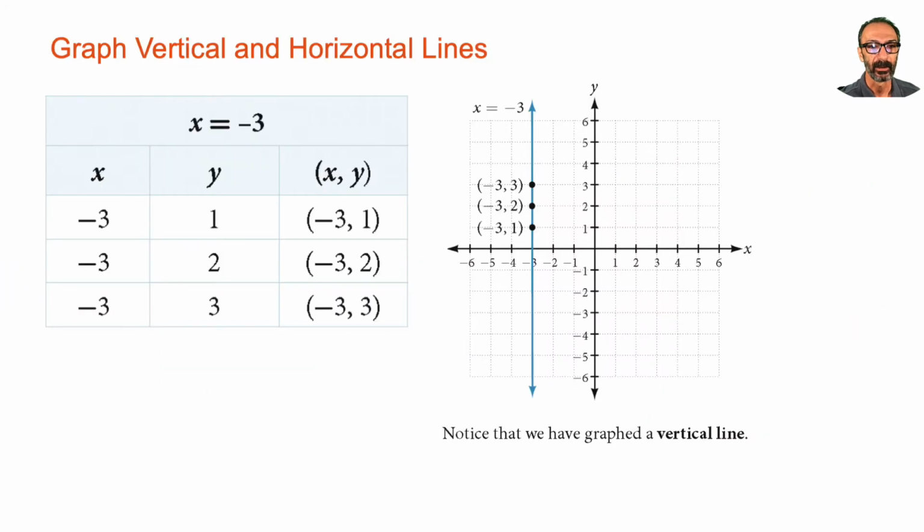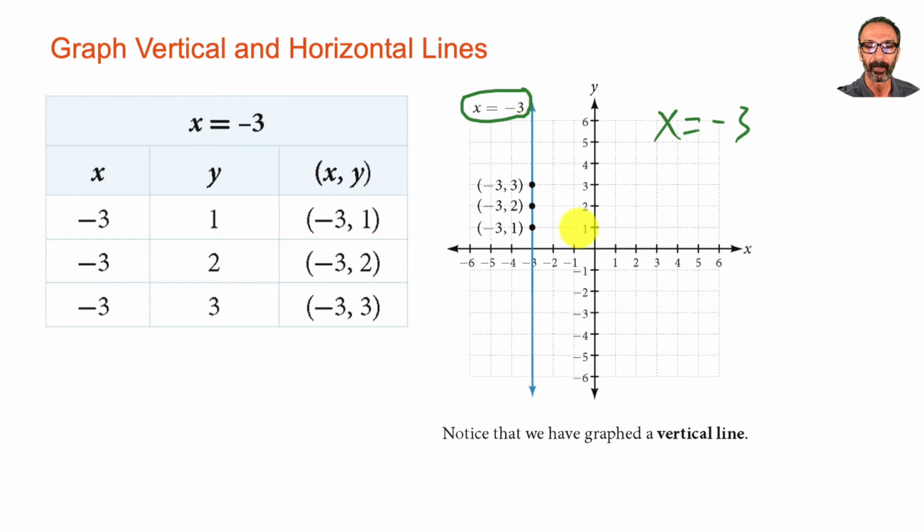Okay, now graph vertical and horizontal lines. Well, x equals -3, you go left 3 units and you stay right there, which is a vertical line. Let's undo this one because it's covering the number, and this is what I have for you.